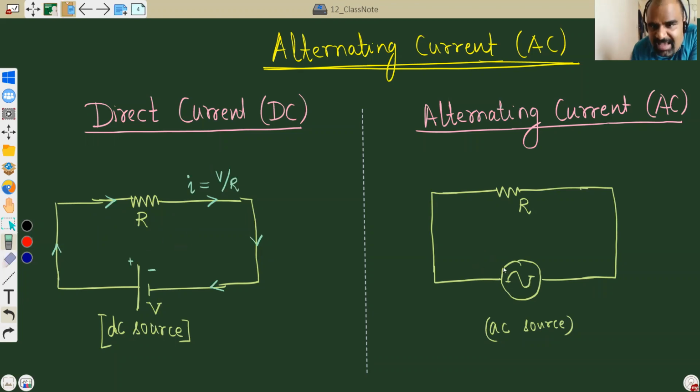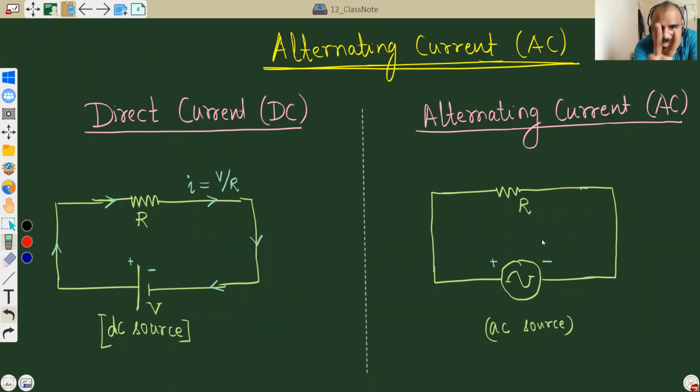In AC, what is happening is that the positive terminal and negative terminal keep alternating. As of now, this is the positive terminal, this is the negative terminal. The very moment it will get flipped, this will become the positive terminal. Then positive, negative, positive, negative.